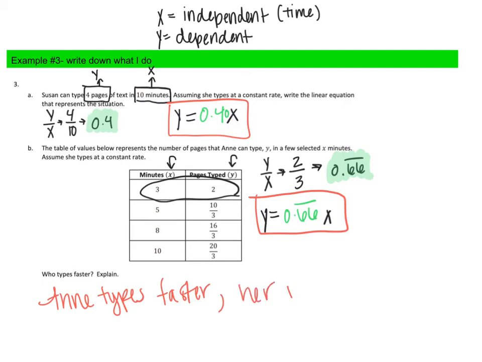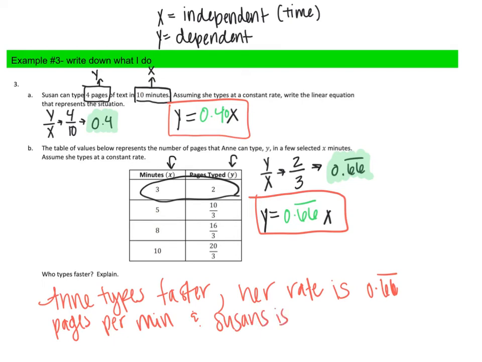Her rate is 0.66 pages per minute. And Susan's is only 0.4 pages per minute. All right, and that is my answer.